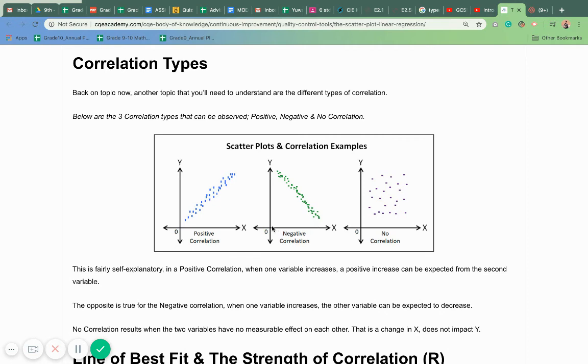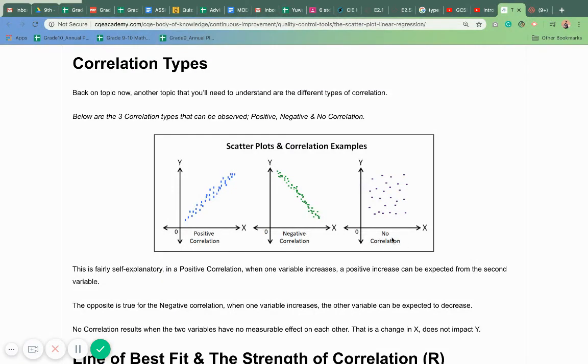So if I'm watching TV for a longer time, the amount of sleep I get at night will be less. But if I watch TV for less time, the number of hours of sleep I get will be more. So this can be an example of negative correlation.